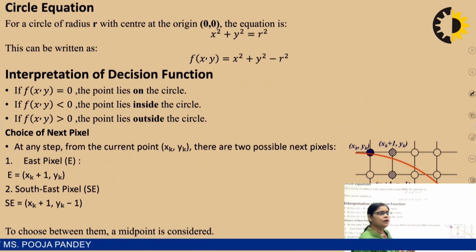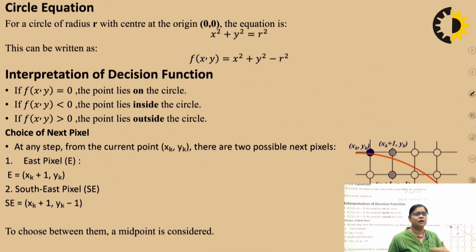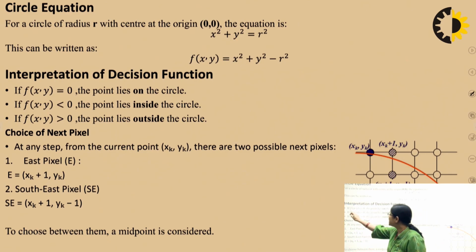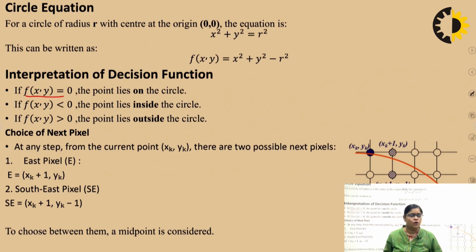Now, we have some interpretation of the decision function for the midpoint circle algorithm. The first is that when function of x comma y is equal to 0, the point is lying on the circle. Keep in mind that when this condition is satisfied, the point lies on the circle.